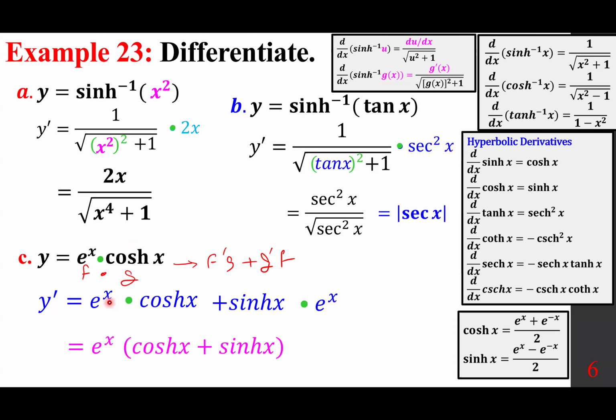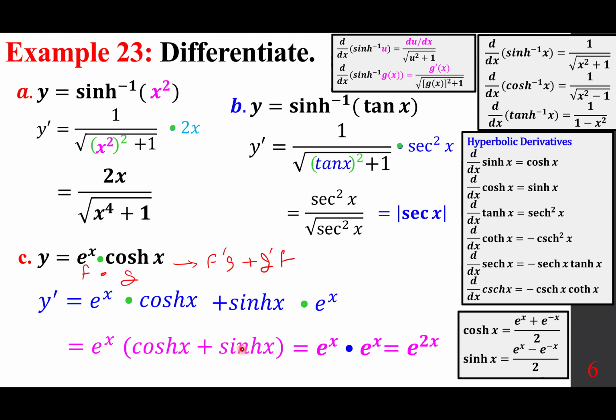Now, what's interesting here is that cos x and sinh x, if we add them up, what do we get? So take a look at this one here. If you add these two, what do you get? E to the power of x plus e to the power of minus x, plus e to the power of x minus e to the power of minus x. These two cancel each other. So you get 2 of that over 2. I hope you see that their sum is e to the power of x.